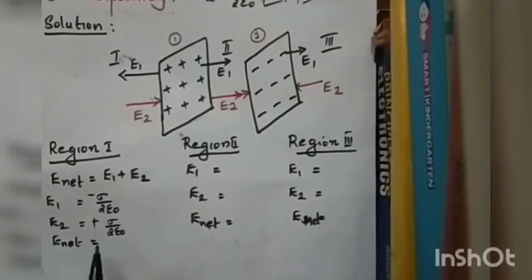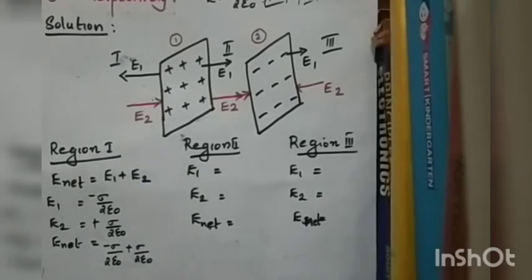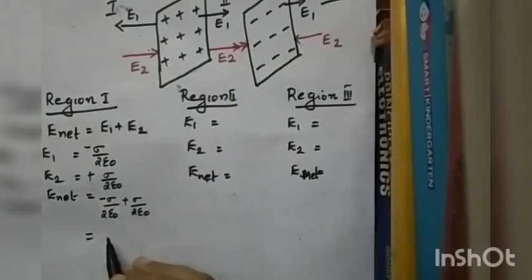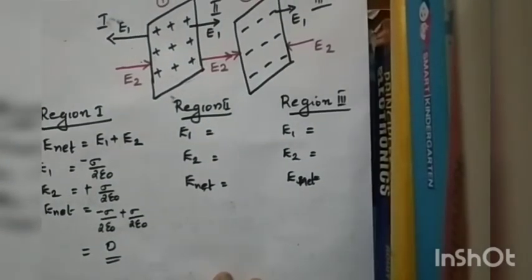So the net field is minus sigma by 2 epsilon naught plus sigma by 2 epsilon naught, which is equal to 0. This is the total electric field in region 1.